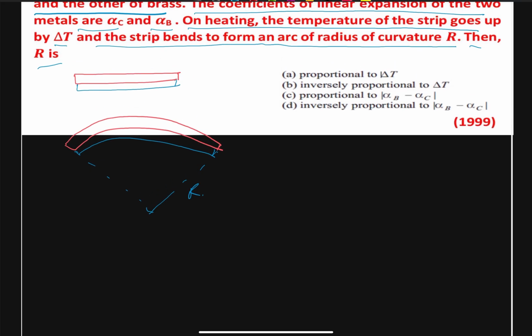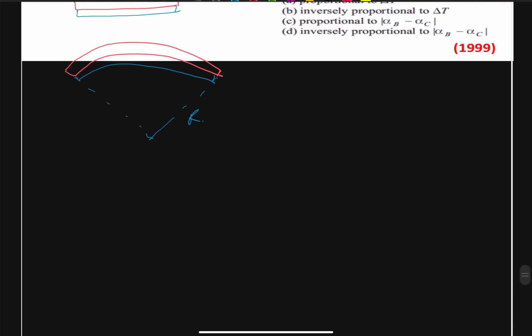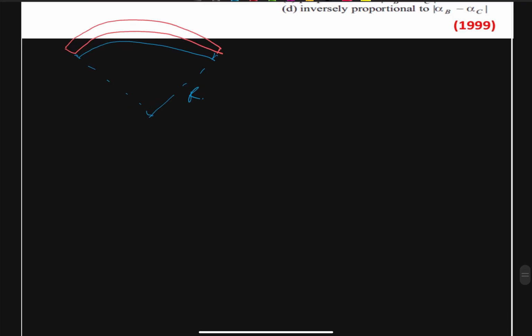And so let's find out the individual expansion for our copper as well as for our brass when they are not joined together.